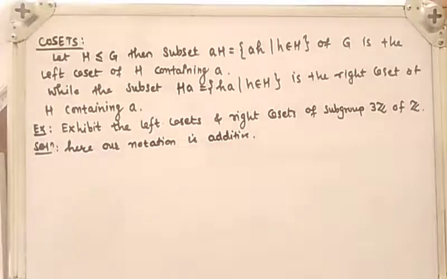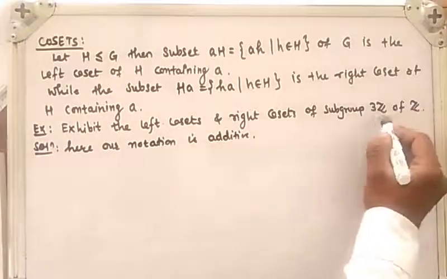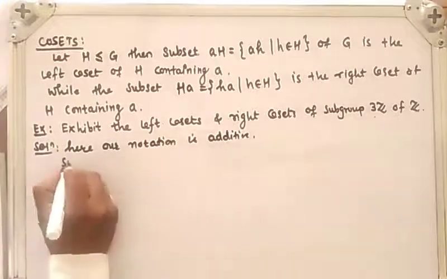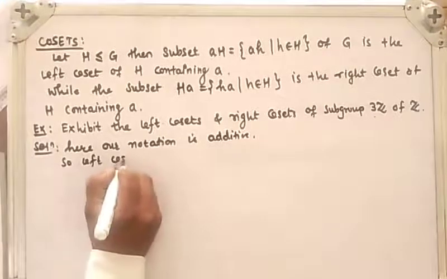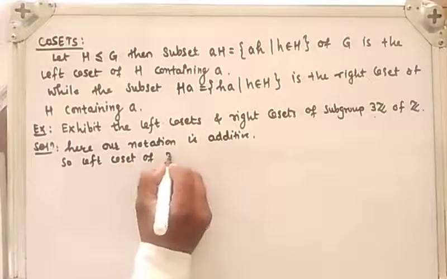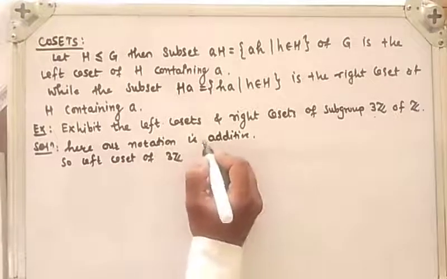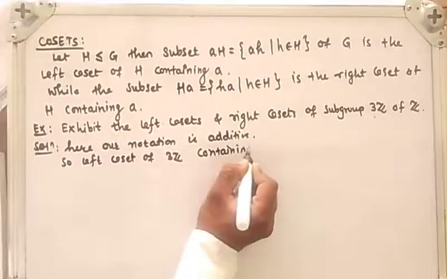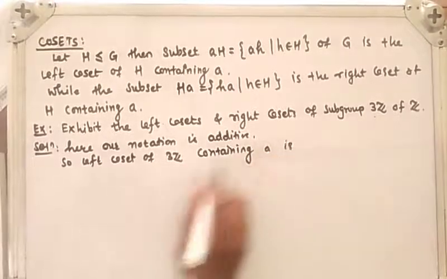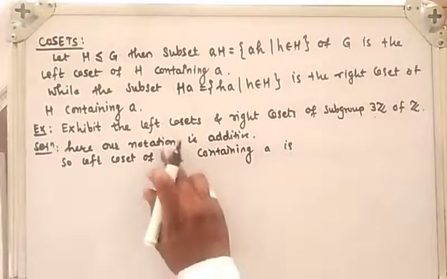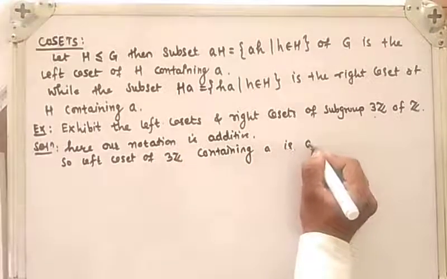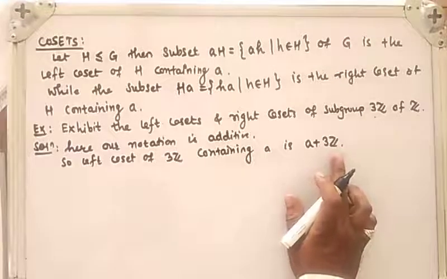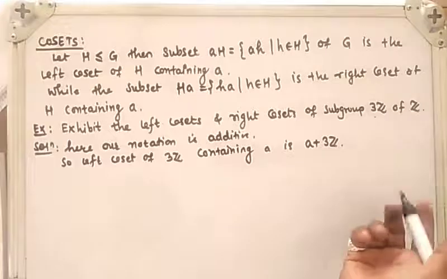Now to find the left coset and right coset of 3Z. The left coset of 3Z containing a is a plus 3Z, and the right coset of 3Z containing a will be 3Z plus a.